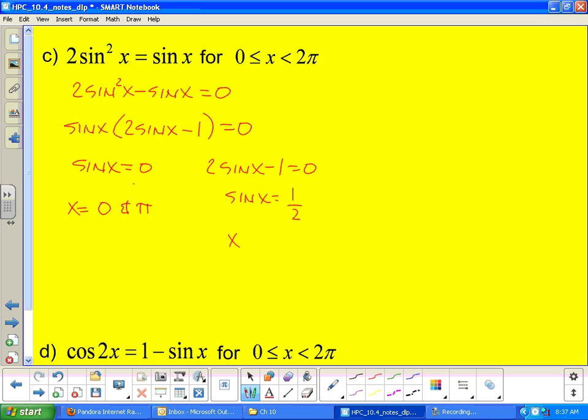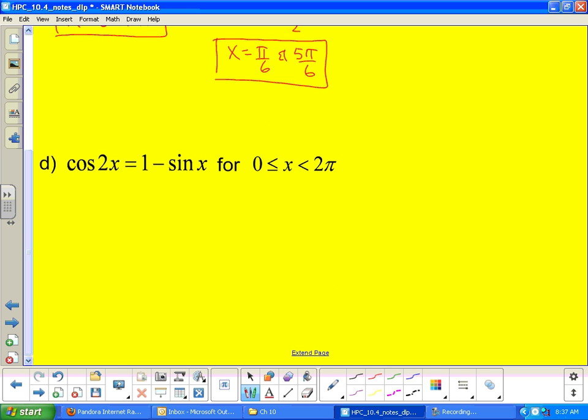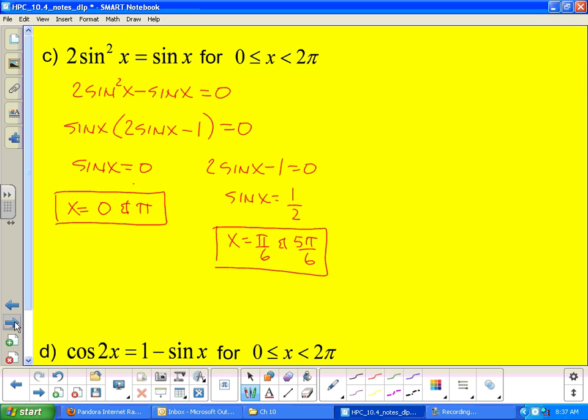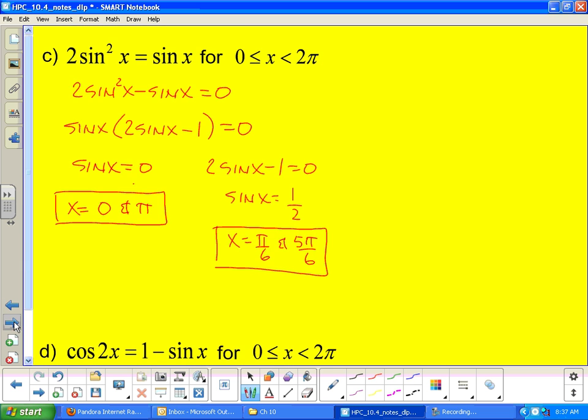We end up with 1/2, which is a pi over 6, and a 5 pi over 6. And there's our solution. Make sure you didn't miss one. There. All right.